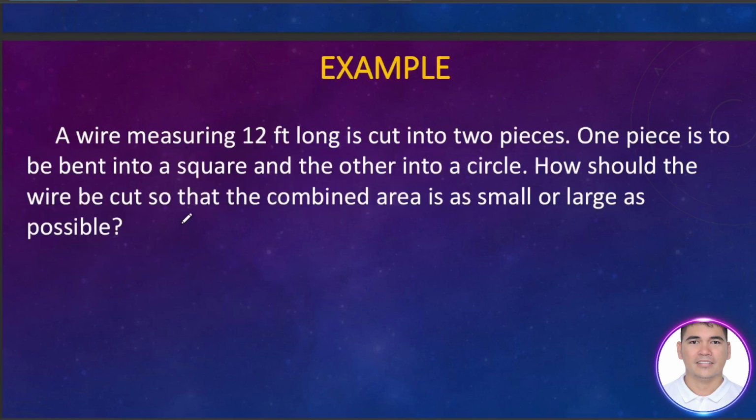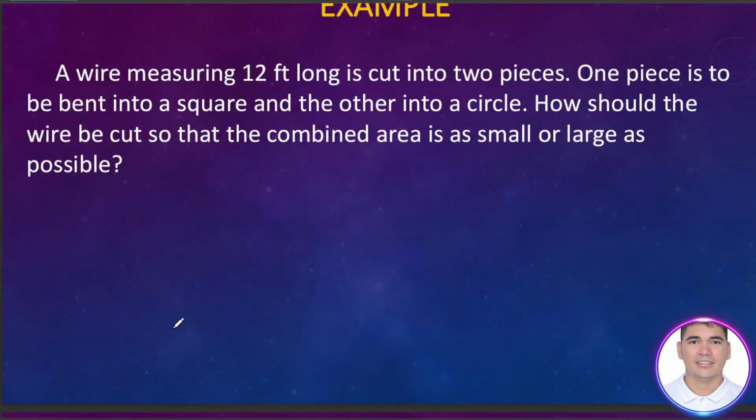Now, next example: a wire measuring 12 feet long is cut into 2 pieces. One piece is to be bent into a square and the other into a circle. How should the wire be cut so that the combined area is as small or as large as possible? The perimeters of the square and the circle should add up to 12 feet.